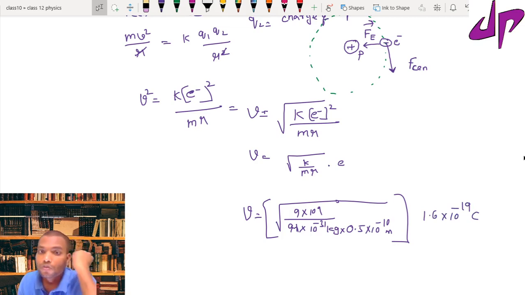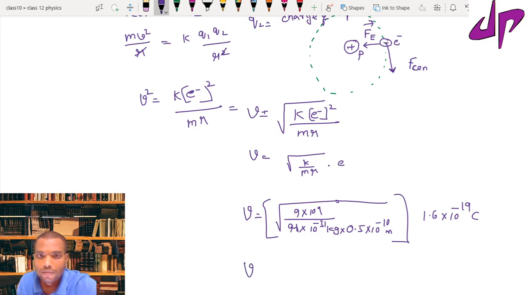Okay, so you work it out for the end result. You will get the value in terms of the radius of the Bohr orbit and the mass of the electron, and you will get the final value, the velocity of the revolving electron. I am not solving the problem here, so you can do it by yourself.